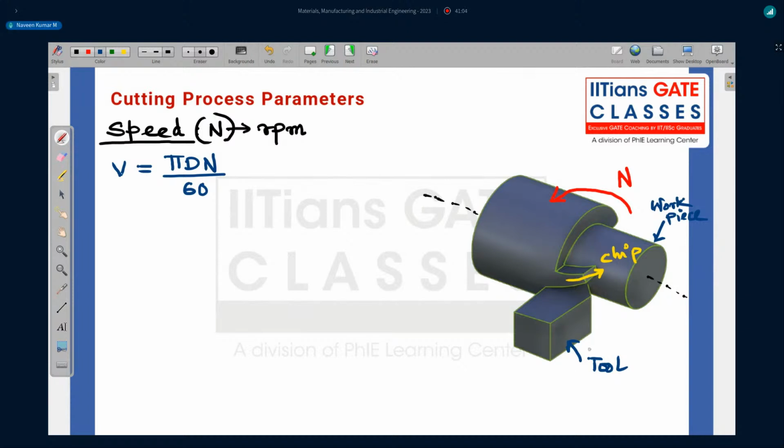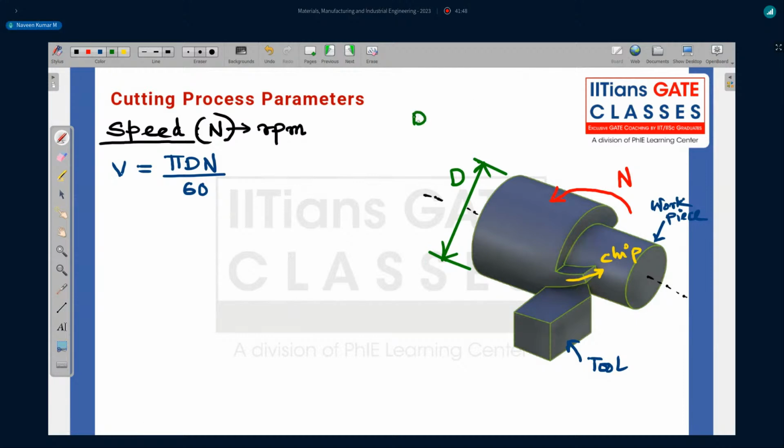So let's assume the workpiece is rotating with some diameter d. Let me take the diameter here. This is your diameter d, the diameter of the workpiece.